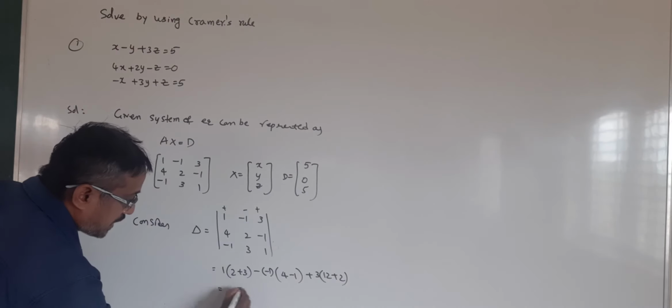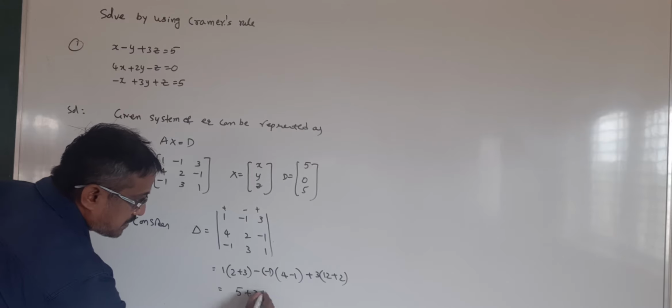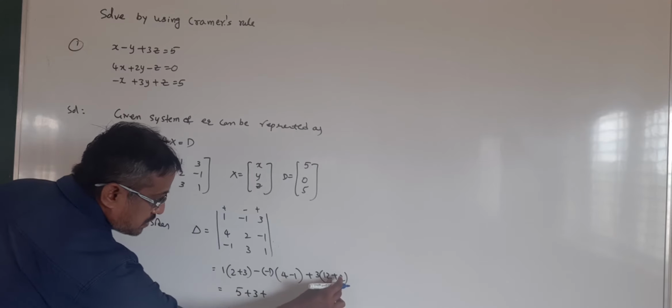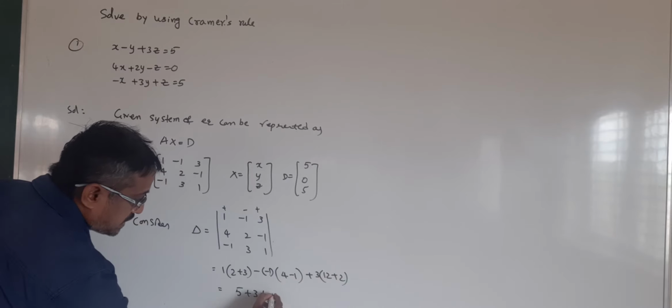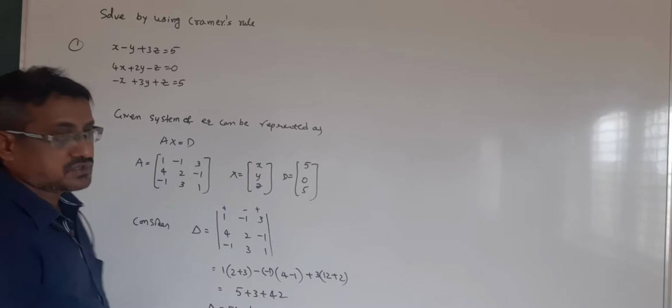So 5 plus 3 plus 14 3s are 42. So delta is equal to 50, which is not equal to 0.